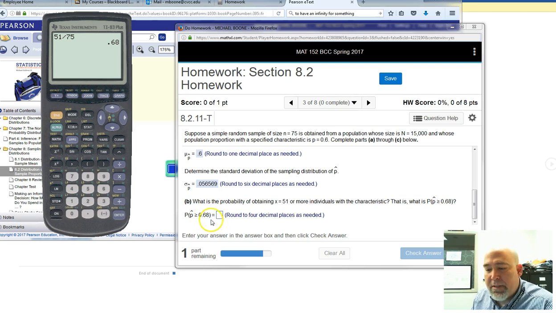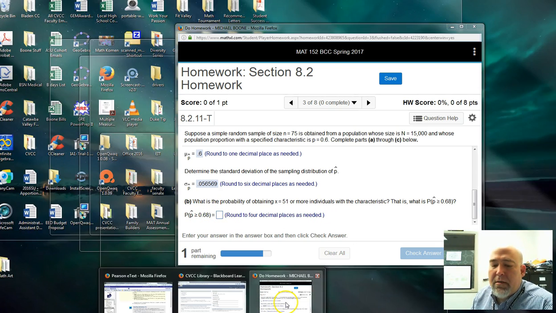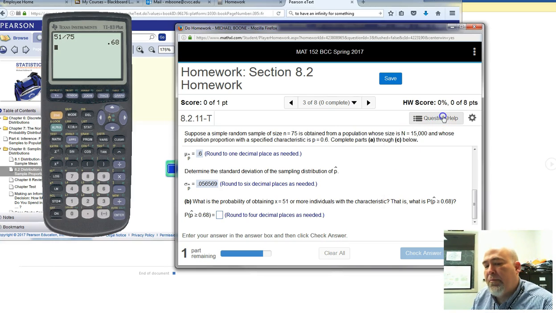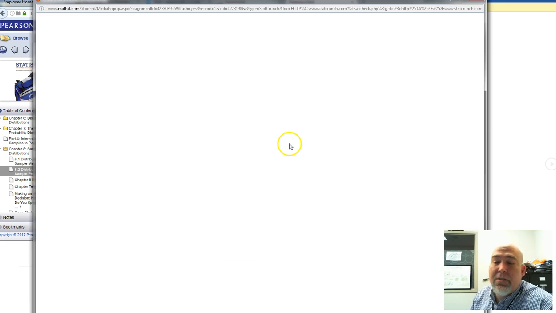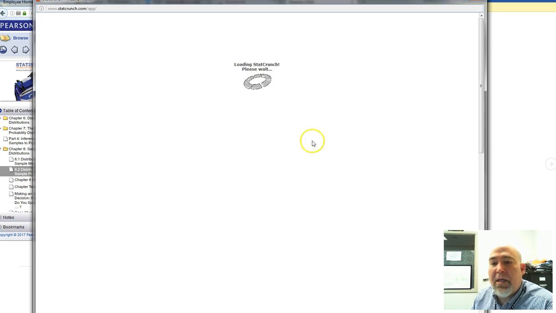So that's where this 0.68 is coming from. When we're looking at finding the probability of this happening, that's when we're going to go to StatCrunch. We're going to open up our normal calculator because we've said it's approximately normal because it meets these conditions. And we have our mean of p-hat, which was 0.6, and this 6 decimal standard deviation of p-hat that we calculated.